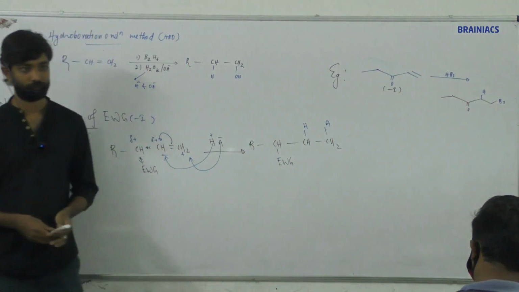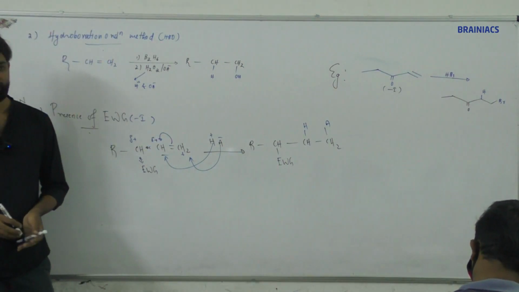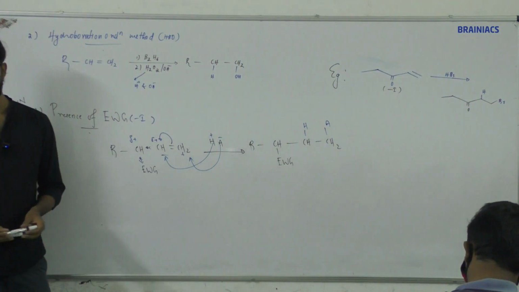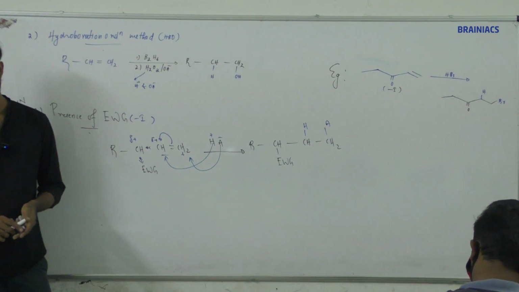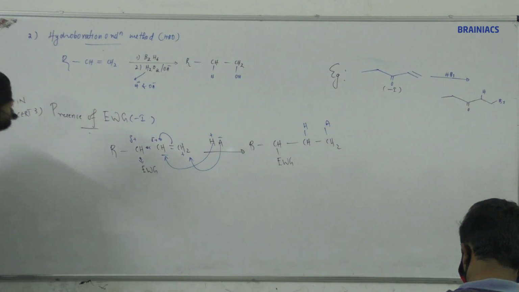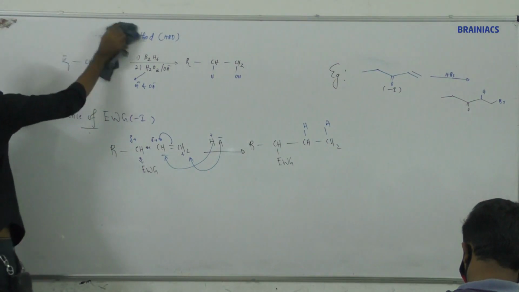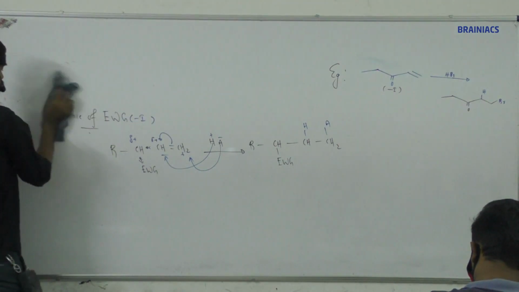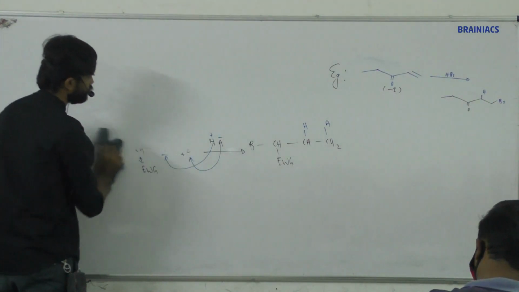That will be discussed in your ozonolysis or oxidation. Oxidation, there are actually two types. One is ozonolysis and then there is strong oxidation. So you simply show first strong oxidation.